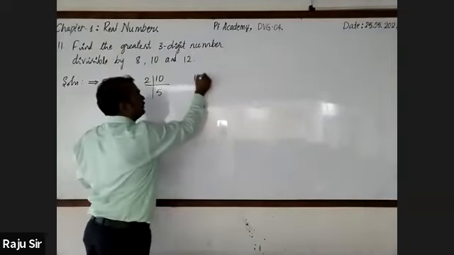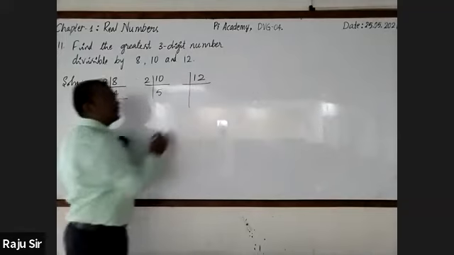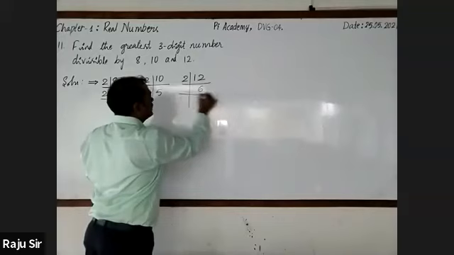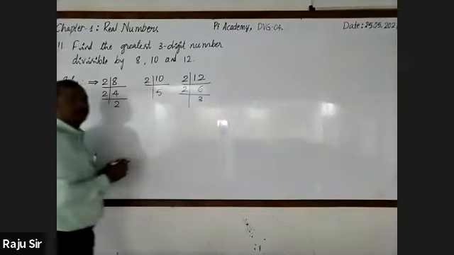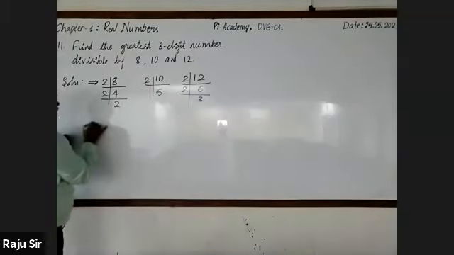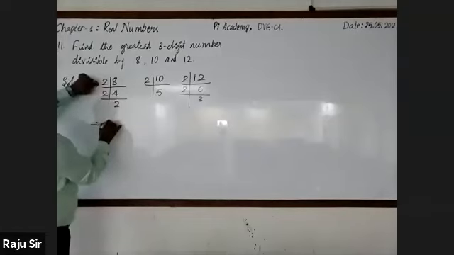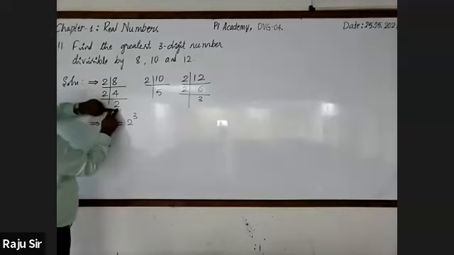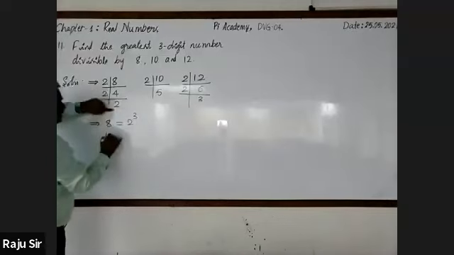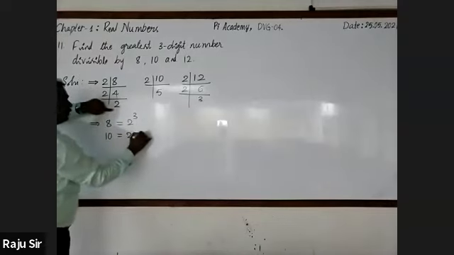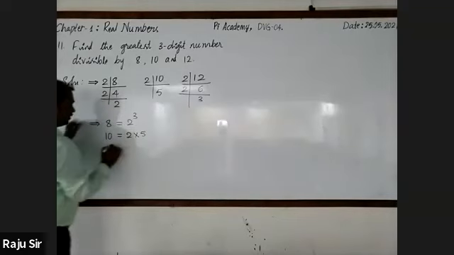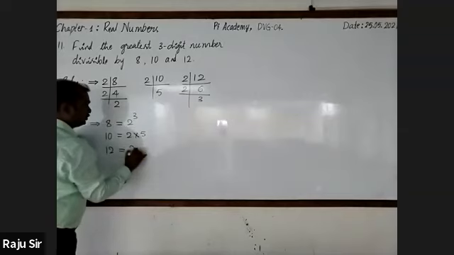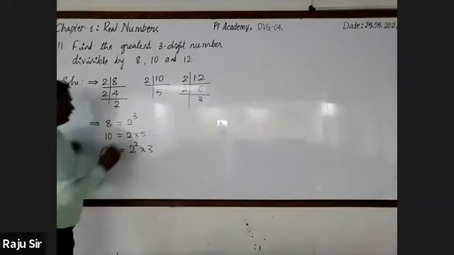Next 12, start dividing this by 2. 2 sixes are, 2 threes are. Now let us write the prime factorization. 8 is 2 raised to the power 3. 10 can be written as 2 into 5, whereas 12 can be written as 2 square into 3.